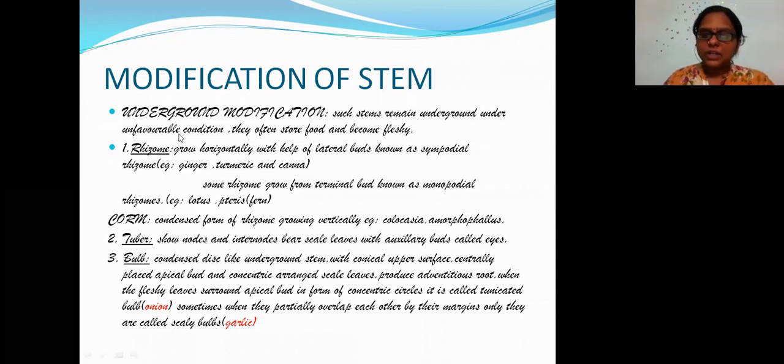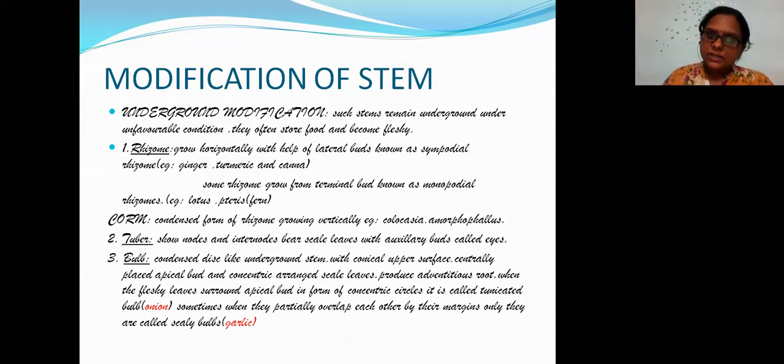So underground modification: this type of stems remain underground, generally when the condition is not favorable. They often store food and become fleshy. If you can see these, ginger, turmeric, they don't require a lot of water or caring and nursing, because they modify themselves to store the food for themselves.